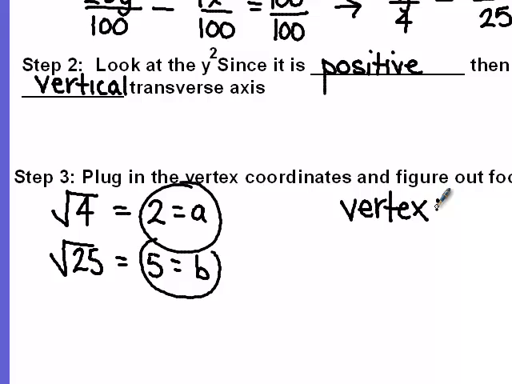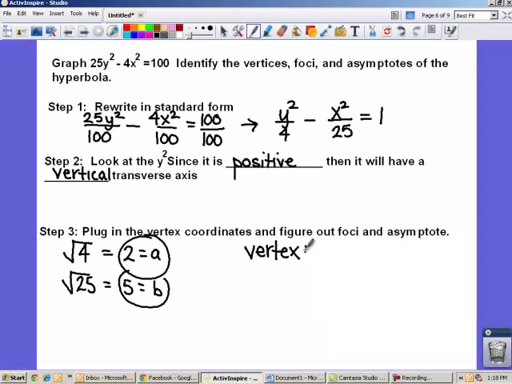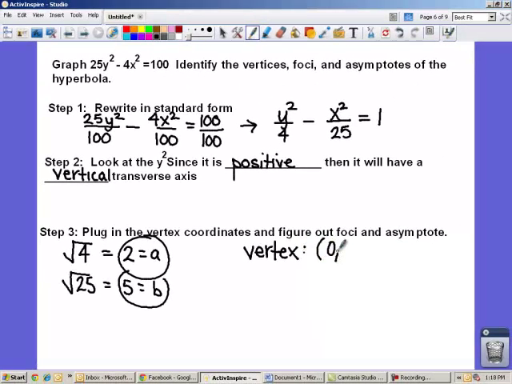And for a vertical transverse axis, we're going to put 0, comma A, which is going to be 2, and then 0, negative 2. So there's the vertex.